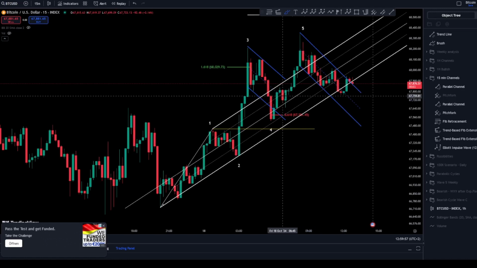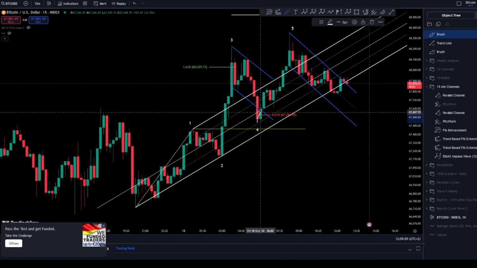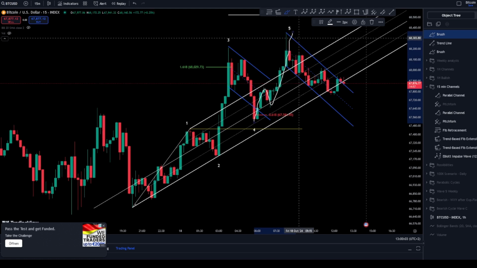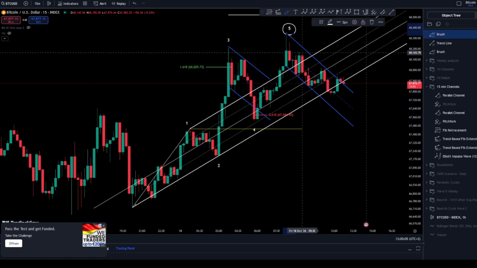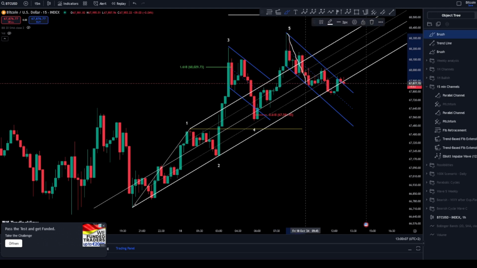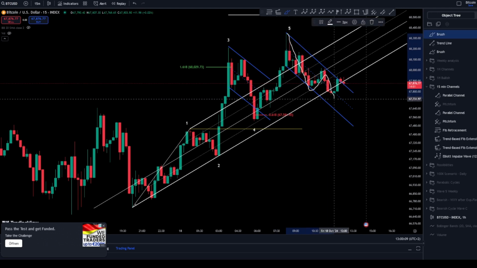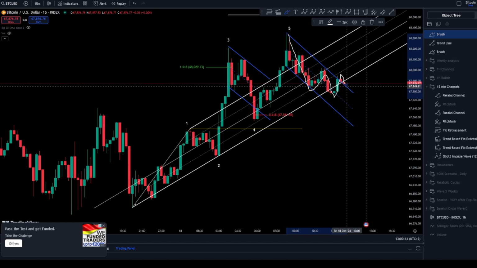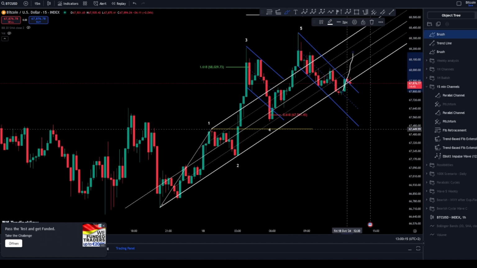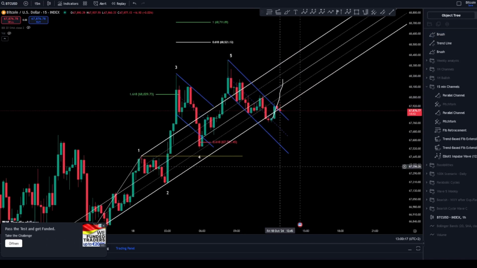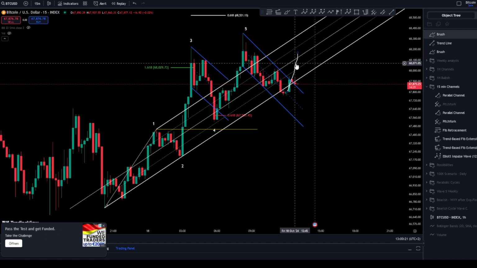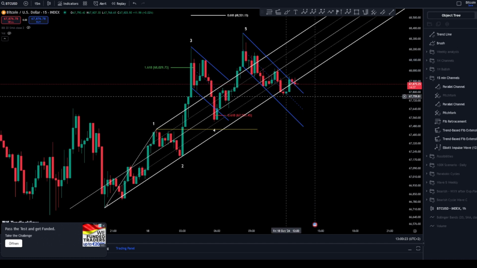As we said, we have an uncompleted impulse towards the upside where it plays the role of wave 5, and you can see a very strong correction towards the downside. We try to break the correction channel here and then enter again inside the base channel for another wave. But it doesn't work here actually.